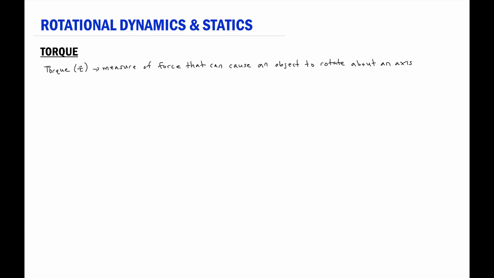Remember, this means that torque is a vector quantity, so that means we need to care about the direction of force on the axis. So just as a reminder, the torque is a vector with a magnitude and a direction.